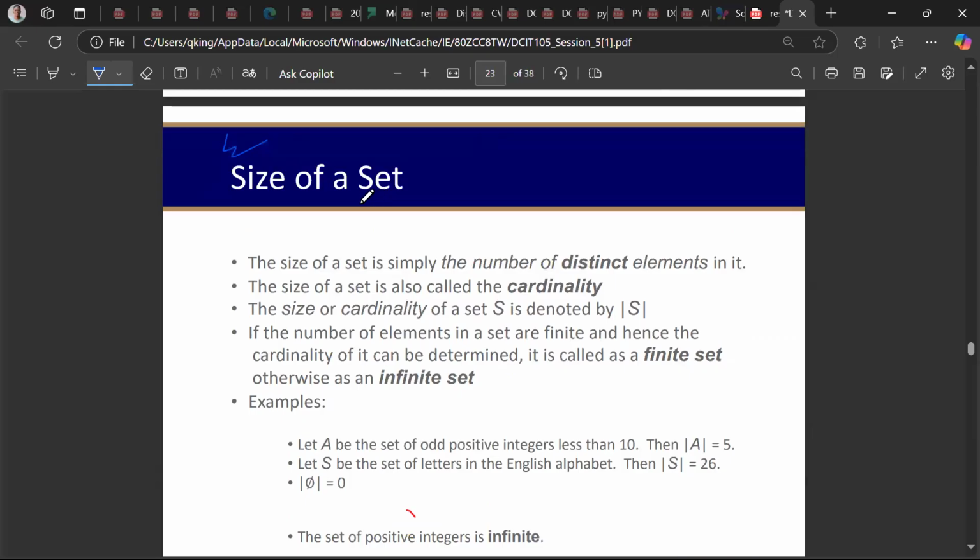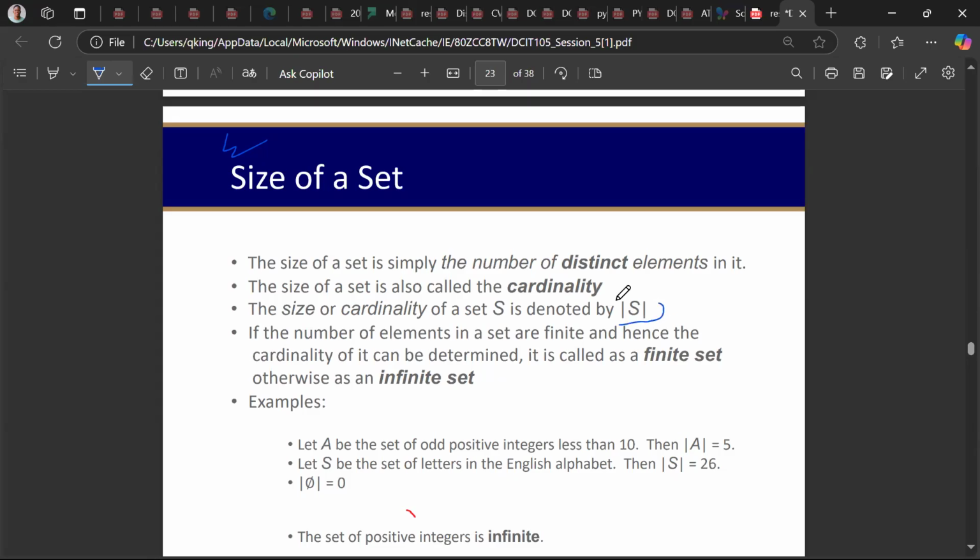Okay, so with regards to the size of a set, the size of a set is simply the number of distinct elements in a particular set. What we can also call the size of a set is its cardinality, which is denoted as this.